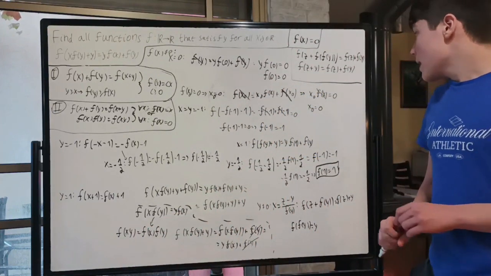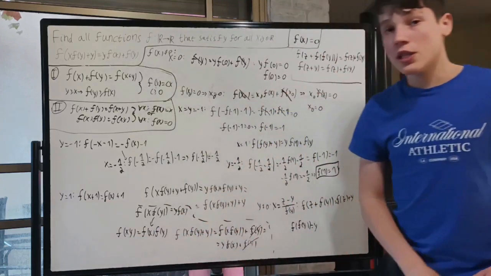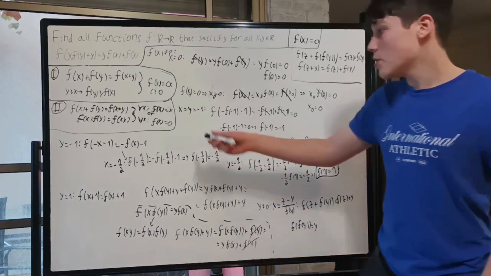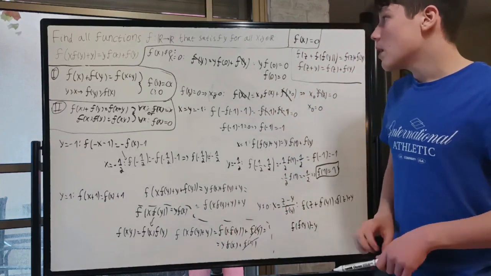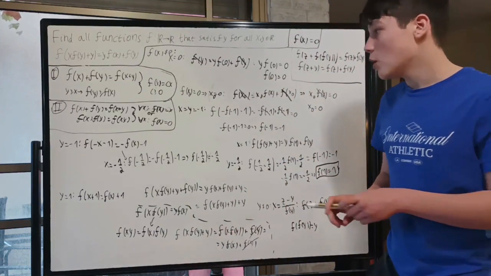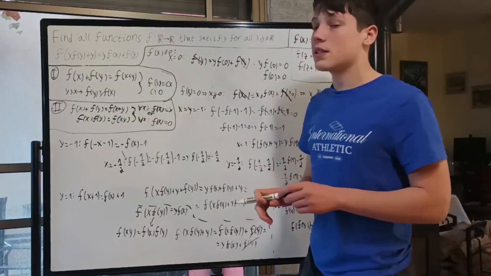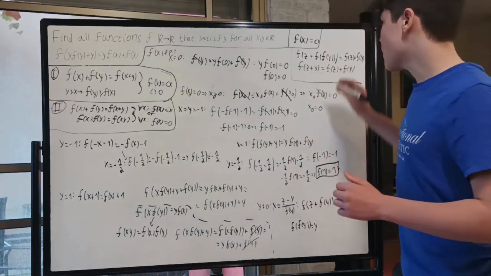Okay, but now we got the function is additive, and then the function is multiplicative, which means that we can use this thing we proved. And we know that the function, we're assuming that the function is not the zero function, which means that this option is out the way. So the only thing that this function can be is the identity function.